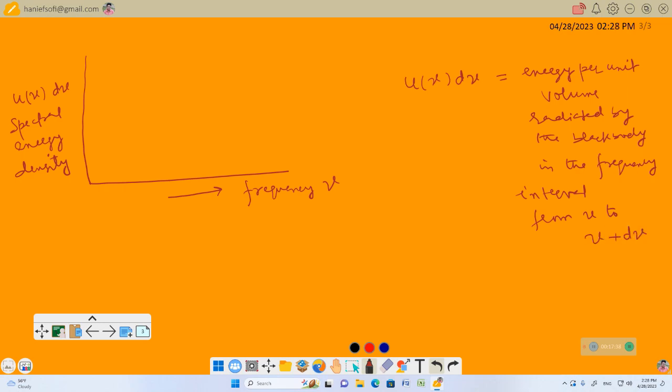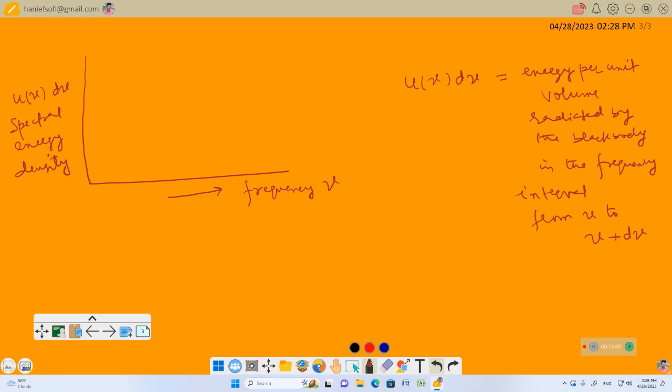As I told you, the black body radiates energy at different frequencies, but we are graphing it as energy per unit volume, which is energy density, in the frequency interval from nu to nu plus d nu.